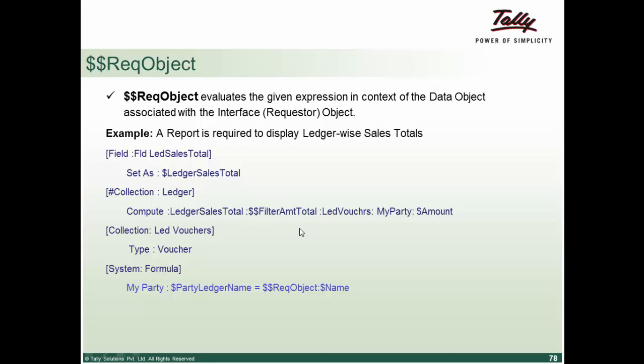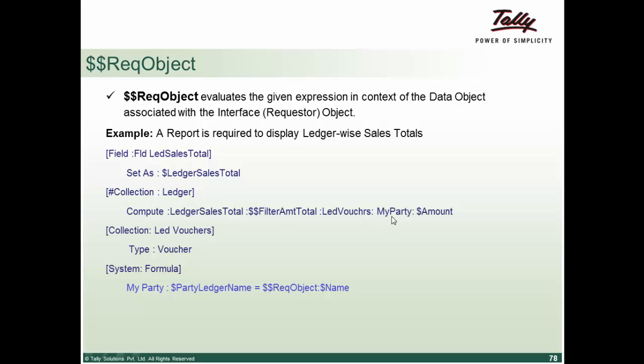We want the total of all the sales totals. So that sales total value of a ledger will be retrieved from voucher, which is of type sales. So we create a collection which is of type voucher, and we filter for sales vouchers. Now we will compute the required method here with the help of a function called $filter ANT total ledger vouchers. Now we require only those vouchers which belong to this party.